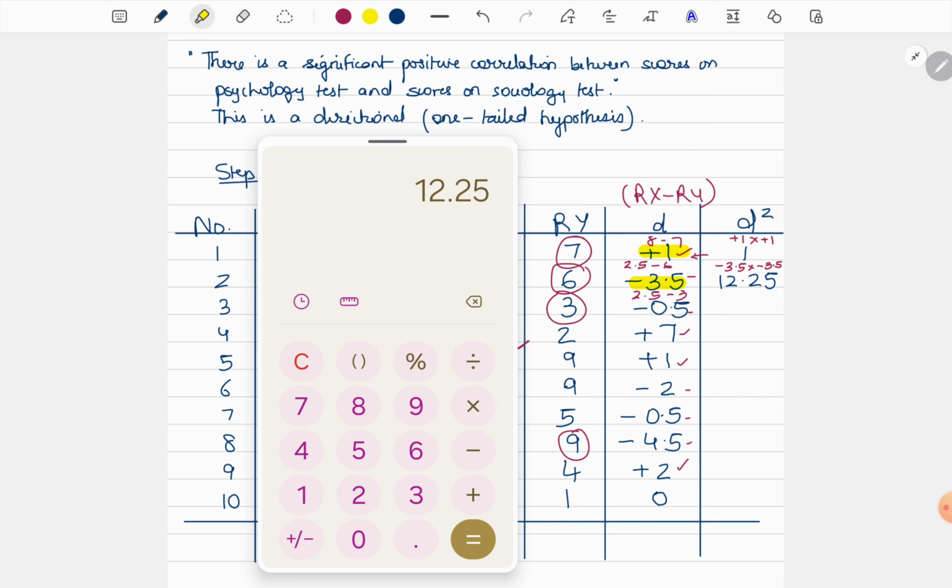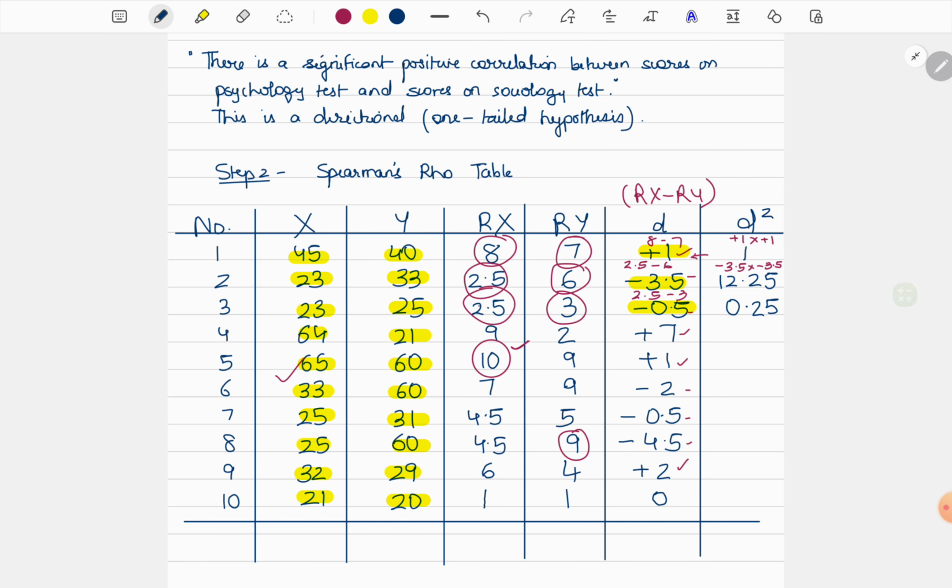Okay, in the next row we can see the value minus 0.5. So on the calculator, once again I will show 0.5 into 0.5, 0.25. Alright, so this is how you have to keep on progressing through the column. Next value is 7, so 7 squared is 49.